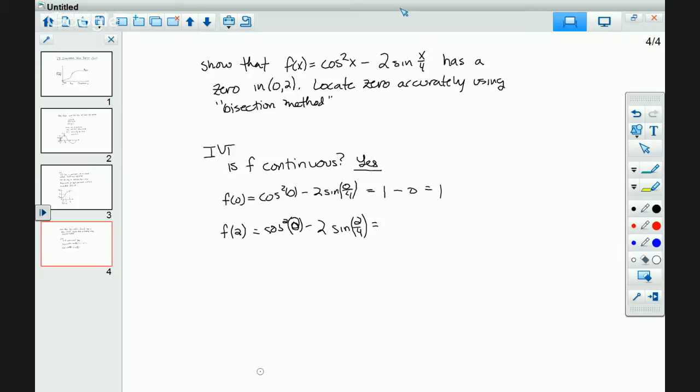Cosine of 2 is... Okay. And then what's 2 sine of 1/2?